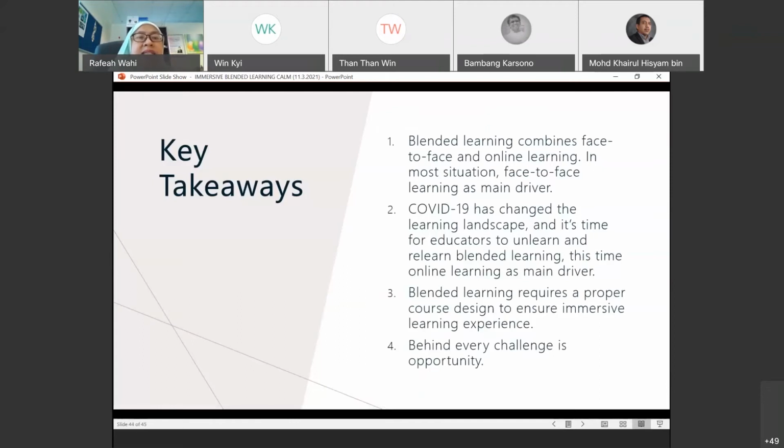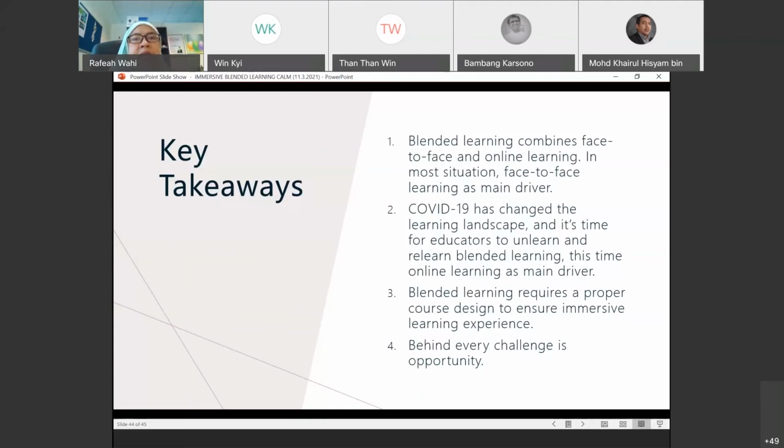If you remember, at the early part of the presentation, I showed you two circles overlapping on each other on blended learning. So normally, face-to-face learning is the main driver, but COVID-19 has changed the learning landscape, and it's time for educators to unlearn and relearn blended learning.